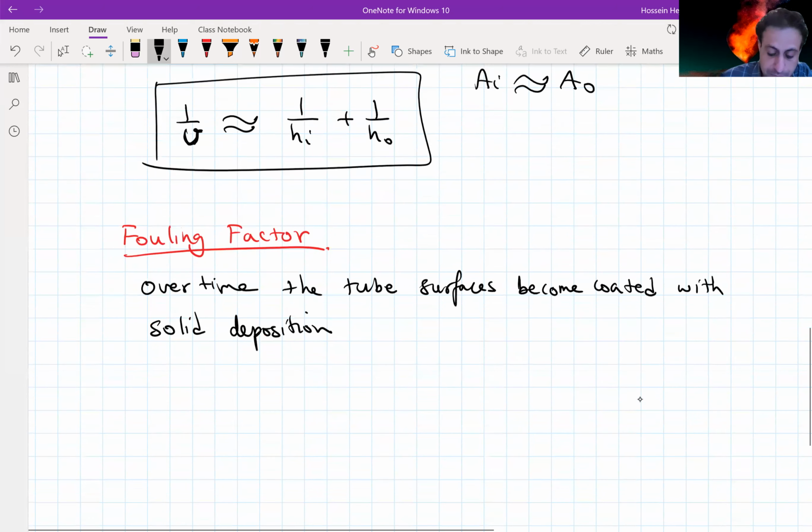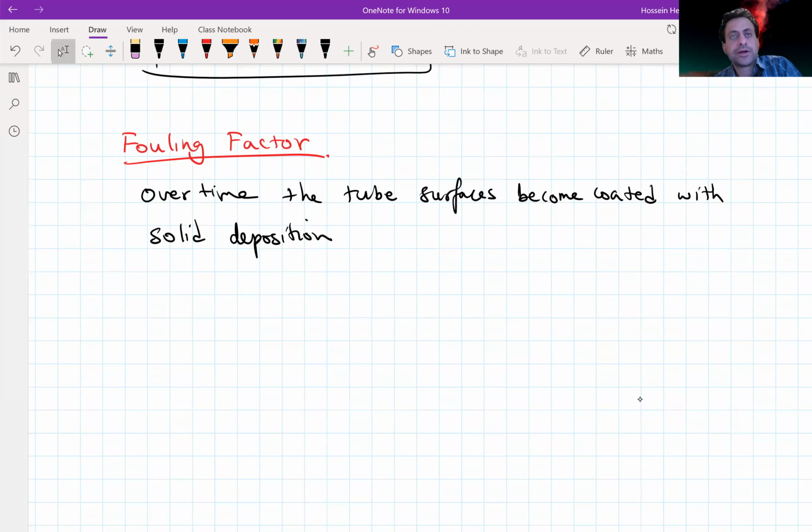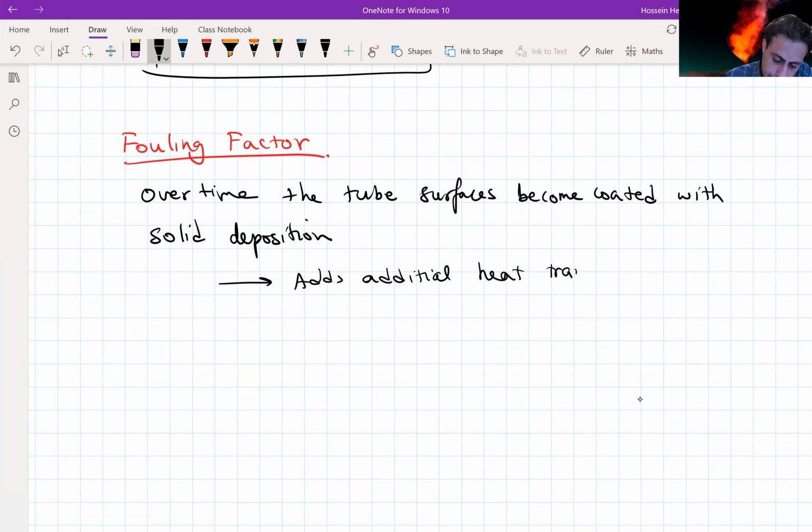These solid depositions could be whatever is being carried by the flows, the cold or hot stream, and this coating adds additional heat transfer resistance by conduction, and this increased resistance due to the tube fouling is called the fouling factor.